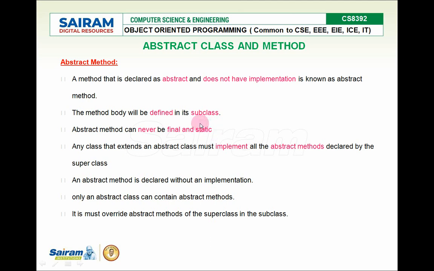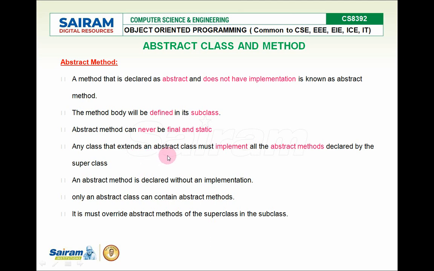And a final method is a method which cannot be overridden. You cannot change the method definition, so it is against the property of abstract, right? So an abstract method should not be final, and should not be static.